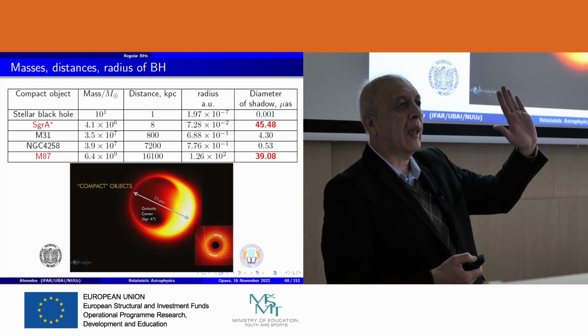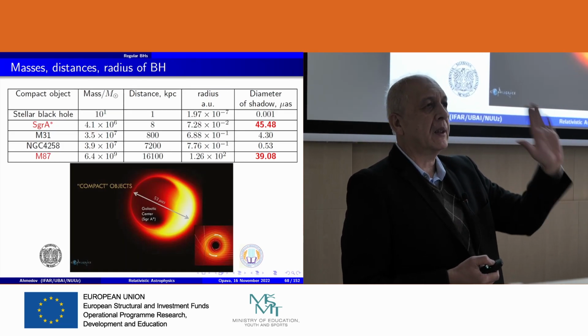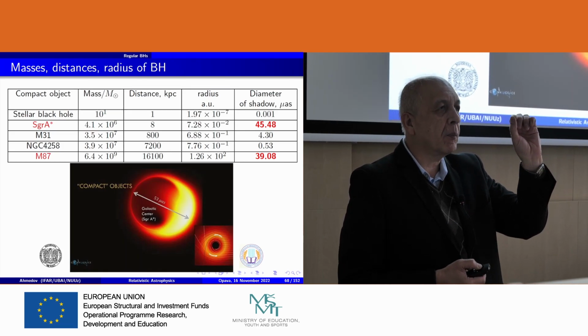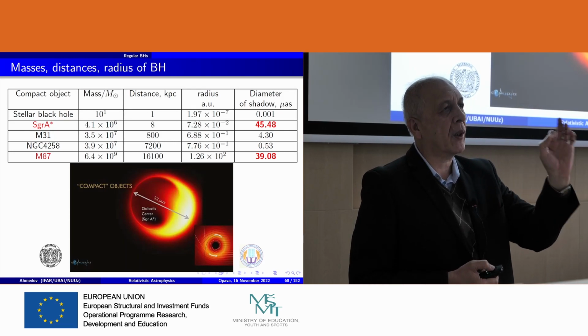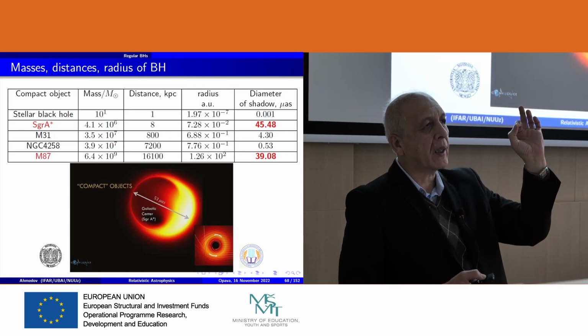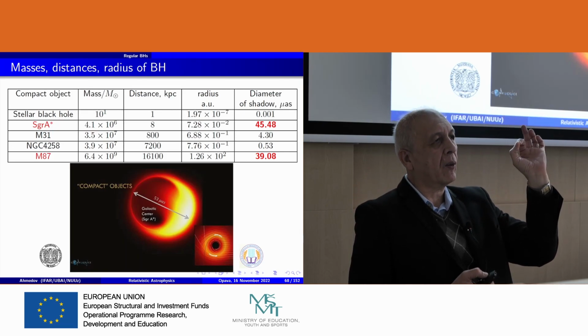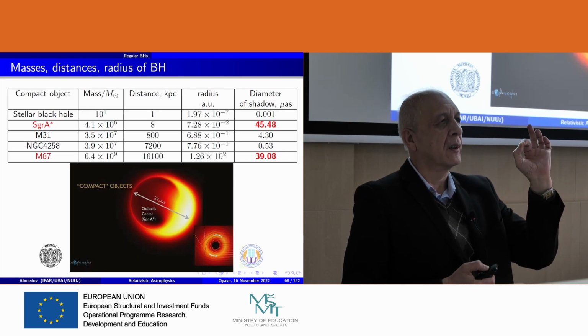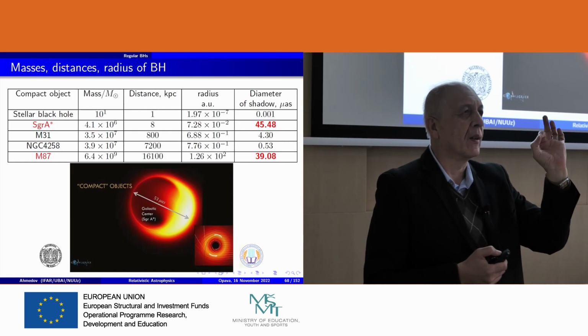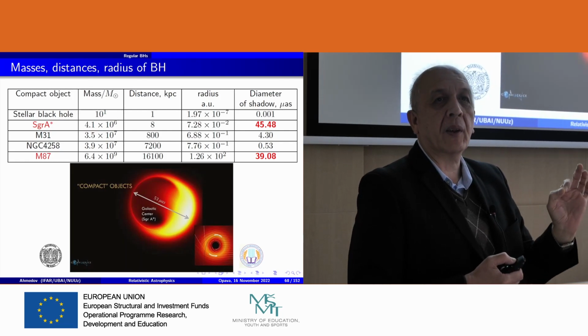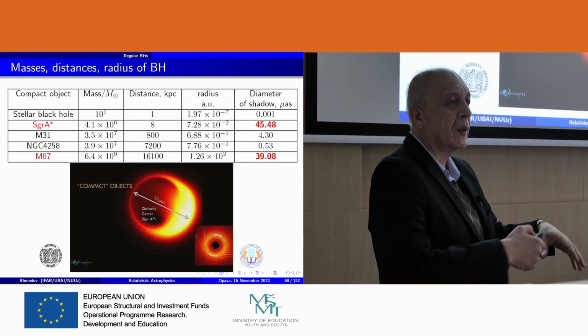So if you have some bright image, in the bright image there will be a dark spot, which you can observe and say it is a dark spot which comes from the black hole which eats photons. So these are photons eaten by the black hole. It is similar, for example, to our hotel where we have a sofa.